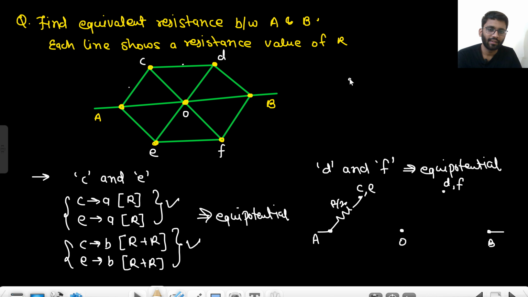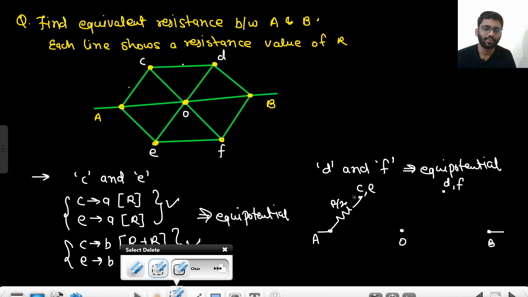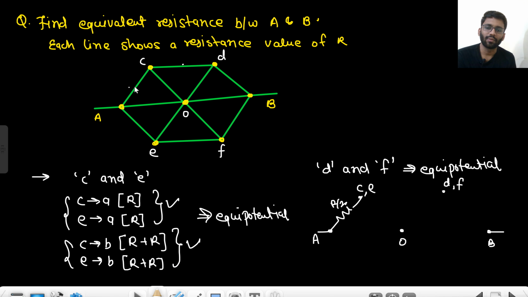Did you get it? This is A, this is C, this is E. Now C is becoming E only. So between A and C, we have R resistance. Okay, good. Between A and E, we have R resistance. So R and R in parallel will become R by 2. Now between C and O, we have R resistance.